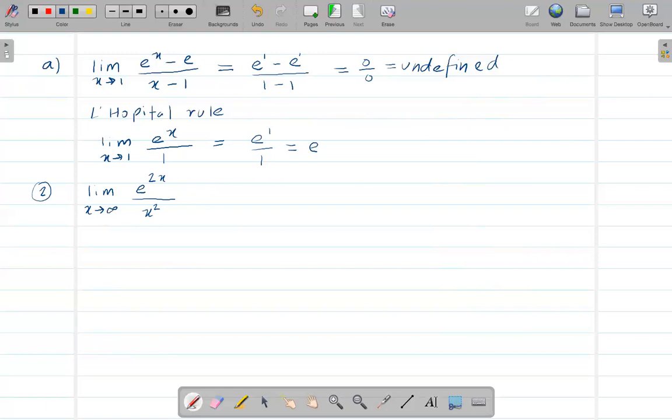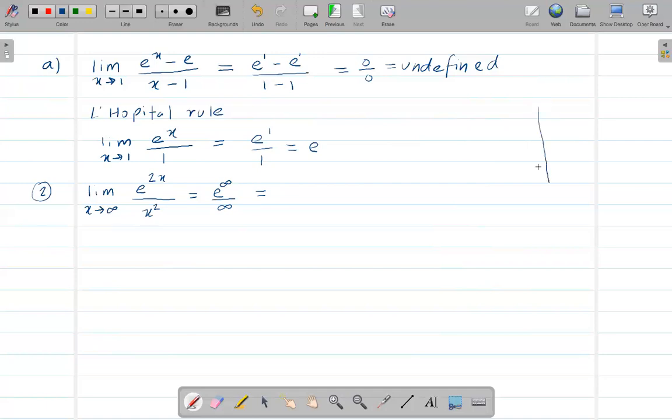So in this case, this is the same as e to the power 2 times infinity, which is also e to the power infinity, right? E to the power infinity over here, and on the bottom, infinity squared is still infinity, right? So this is also the same. E to the power infinity is also infinity.